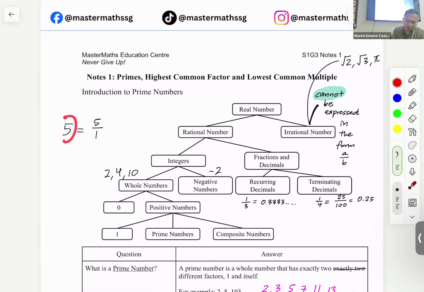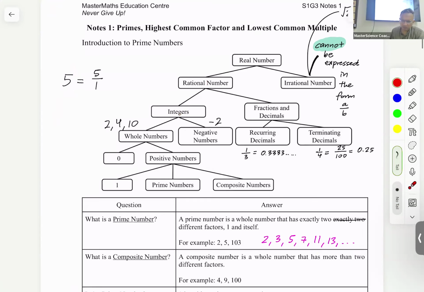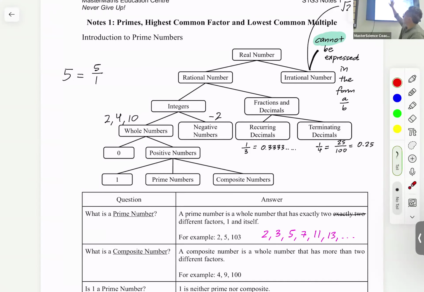Under rational numbers, you have integers, you have fractions and decimals. So where does 5 belong? Do I put it here or here? Integer. 5 is an integer.